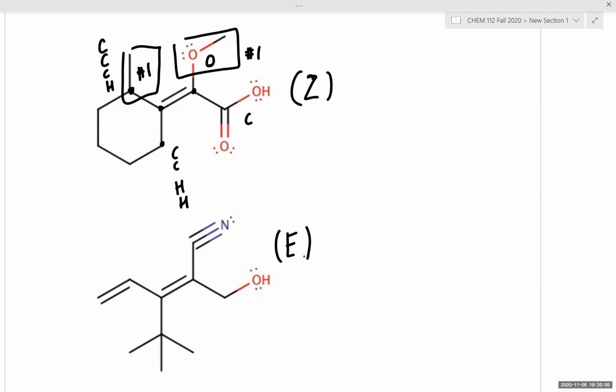So we have some students proposing E, others proposing Z. So let's talk about this. So first, let's count one carbon out.